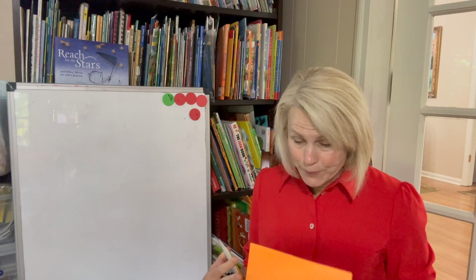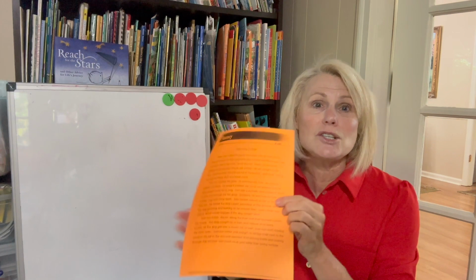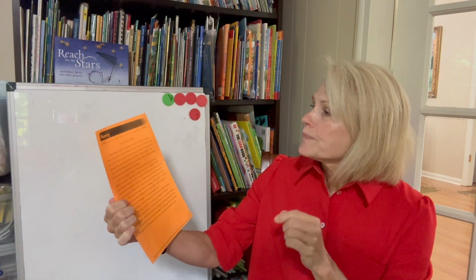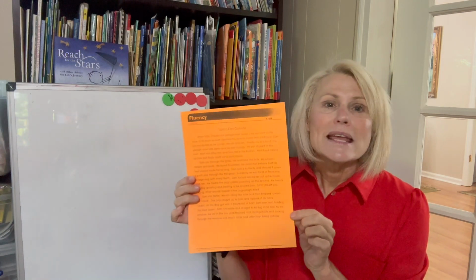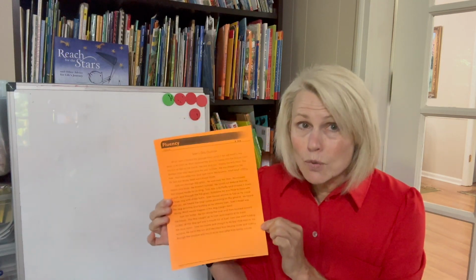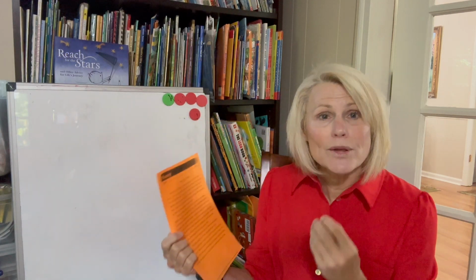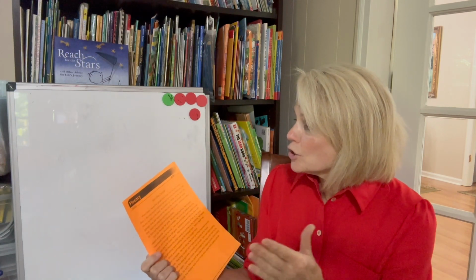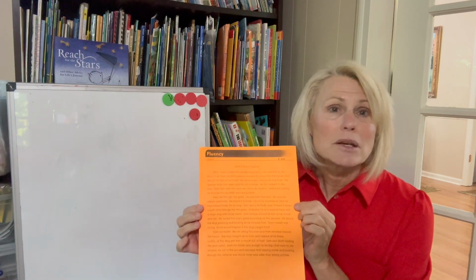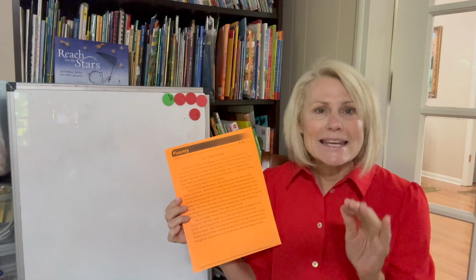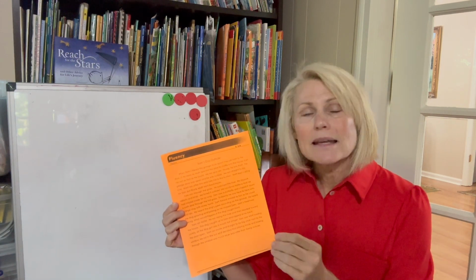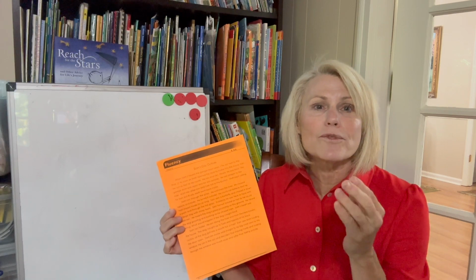And we have put in one passage, and it's called Sam's Day Outside. Now, this is just a fluency passage. And what this means is your child can read it multiple times, and each time they read, they're going to get more fluent.